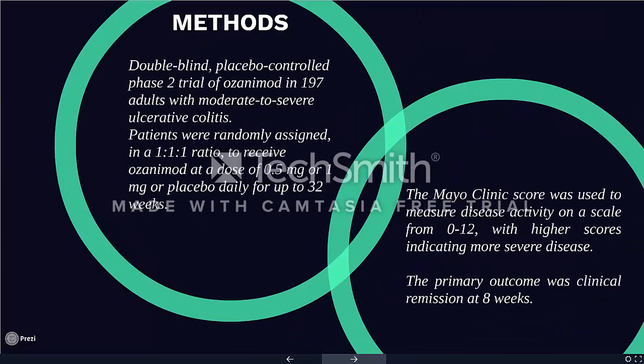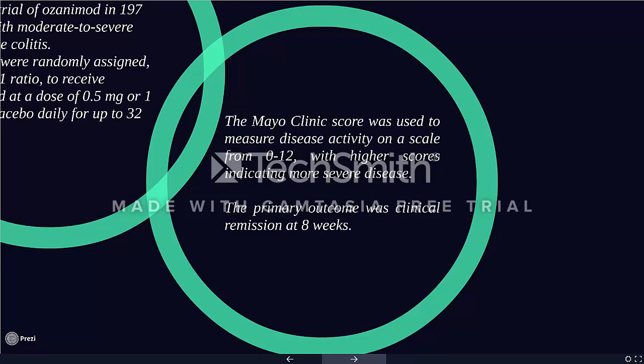The Mayo Clinic score was used to measure disease activity on a scale from 0 to 12, with higher scores indicating more severe disease. The primary outcome was clinical remission at 8 weeks.